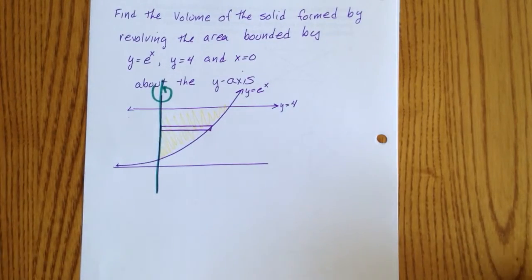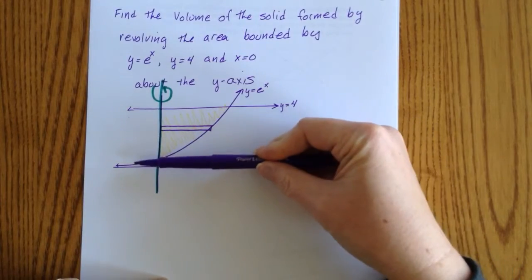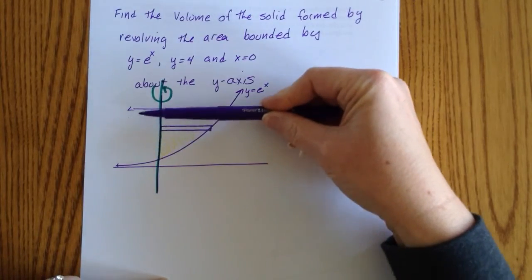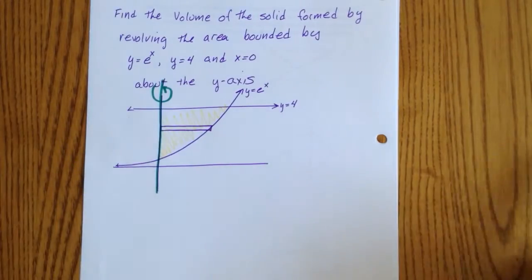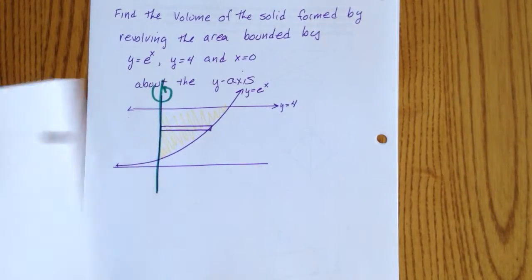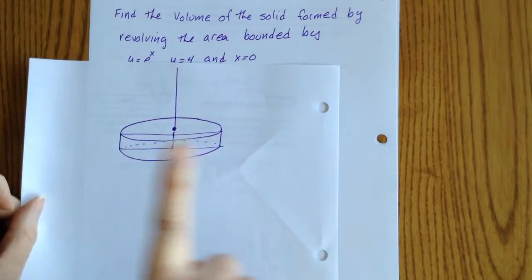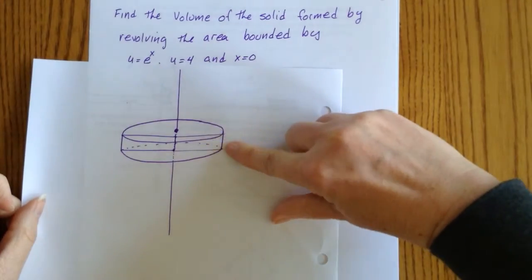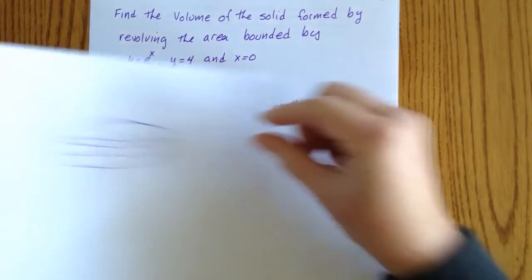This time, our area will be thought about as stacking the rectangles vertically on top of each other, and when we revolve them, the discs that are formed are horizontal discs, and the height is a small change vertically.